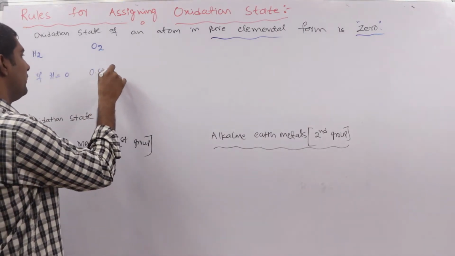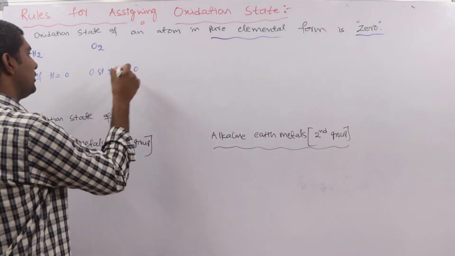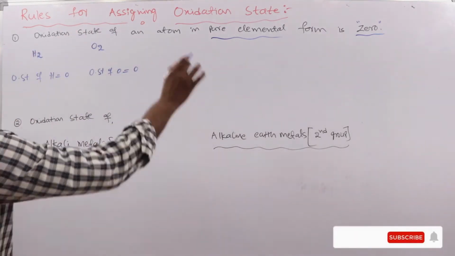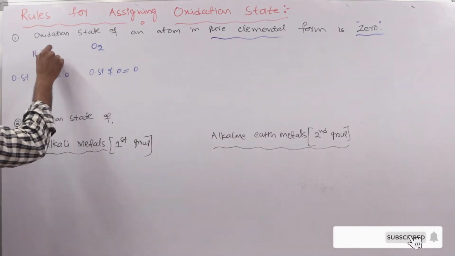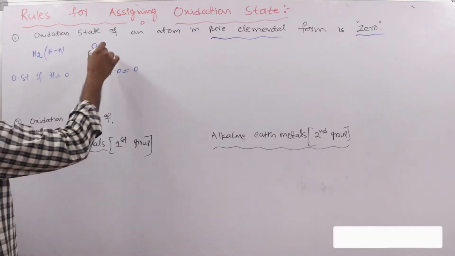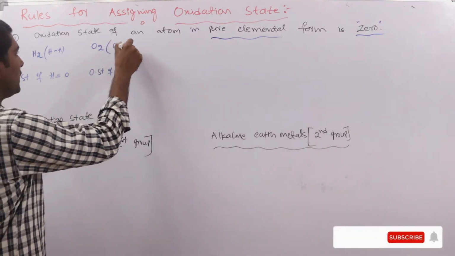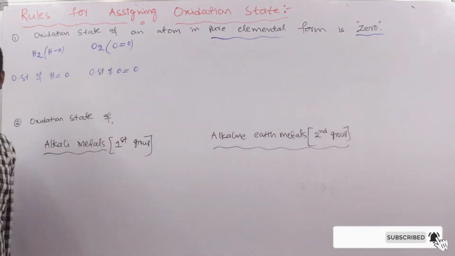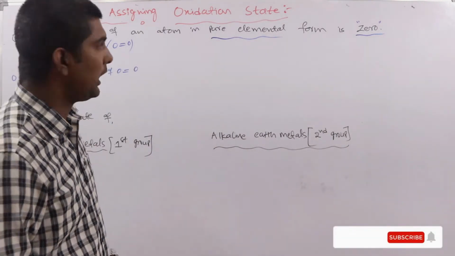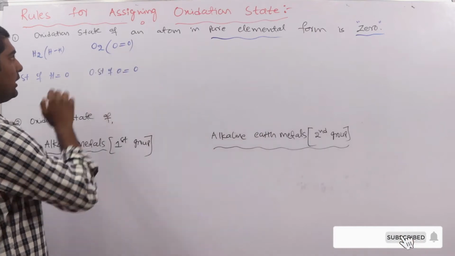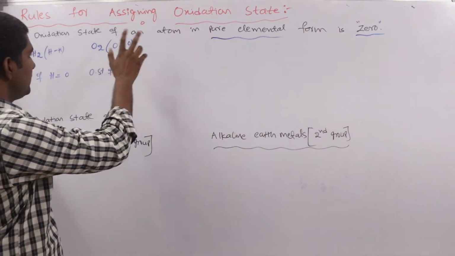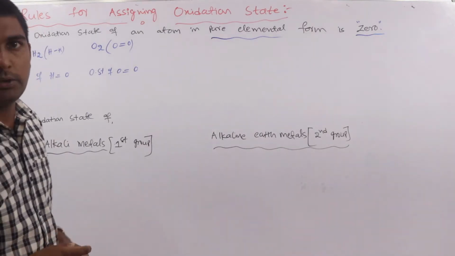In the same way, here we have hydrogen and hydrogen. It is a pure covalent bond. Between two oxygen atoms we have a double bond. If the element is attached to the same atom, both are the same, so that's why this is a pure covalent bond. Here oxidation state is equal to 0.